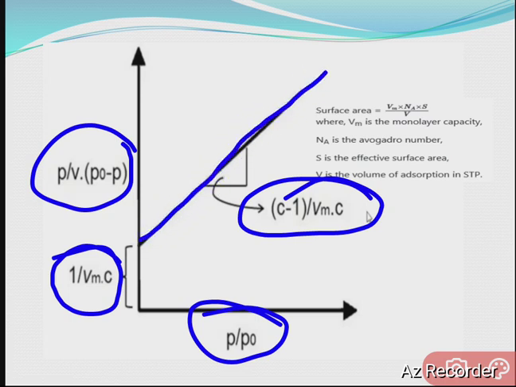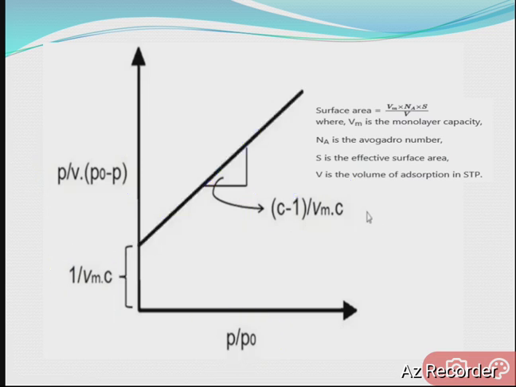Okay, next from this the surface area can be calculated as Vm into Na into S divided by V. Vm is the volume of gas required for the monolayer formation.